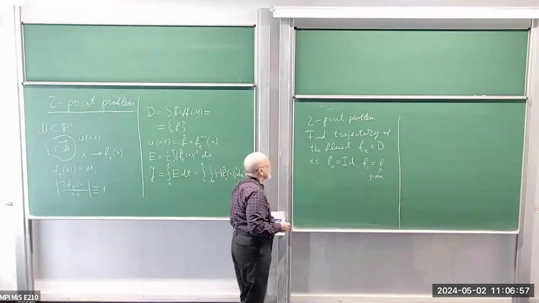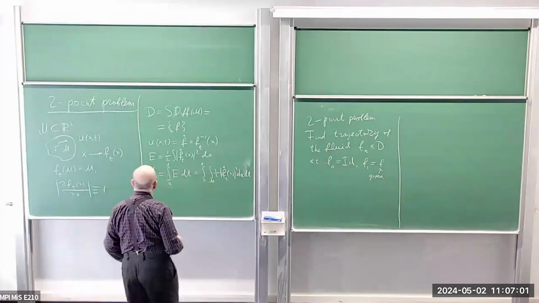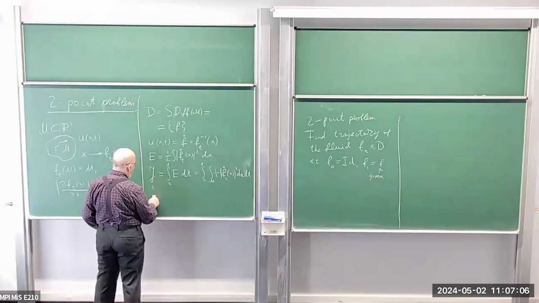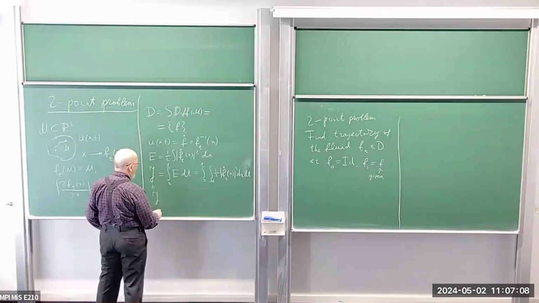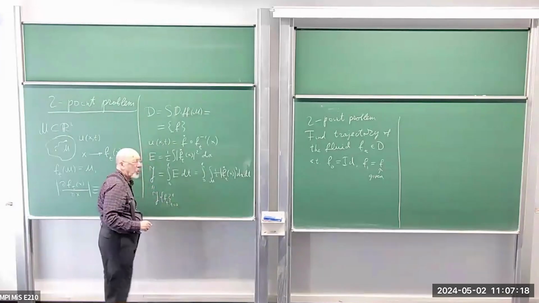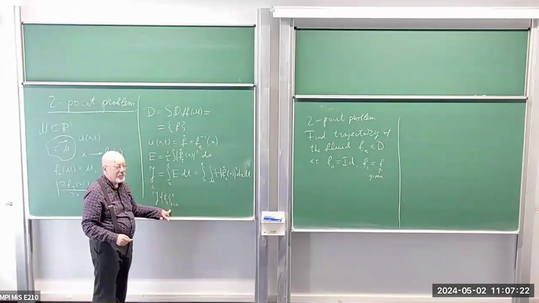And what is in between? Let me denote J, this is the action from 0 to 1.